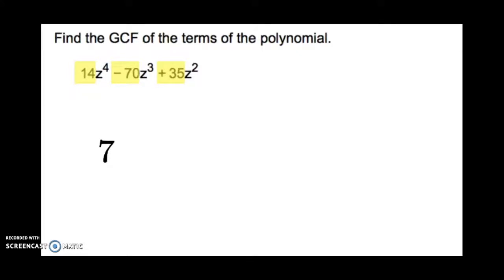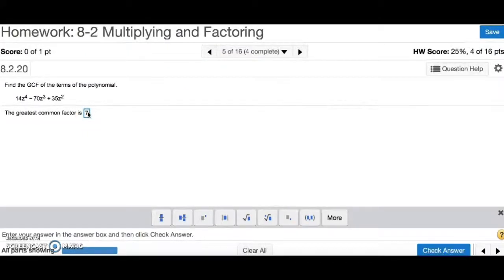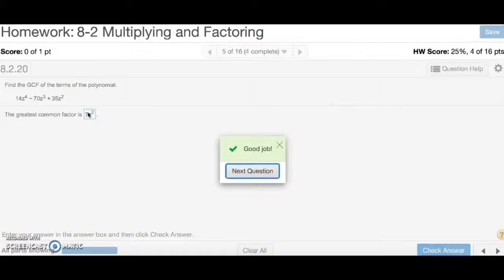Now we look at the z's. We look at the one with the smallest exponent, which is z squared, and that's what comes out. That's the GCF of the variables. Remember, our question was only asking for the GCF, so this is our answer, 7z squared. So we type in 7z squared. That's number 5.